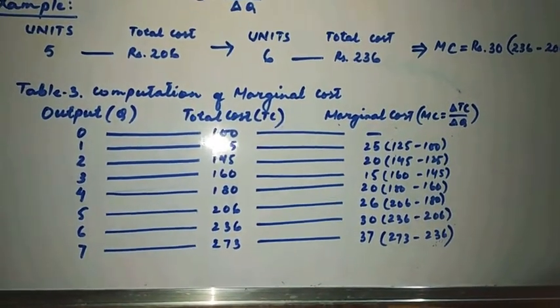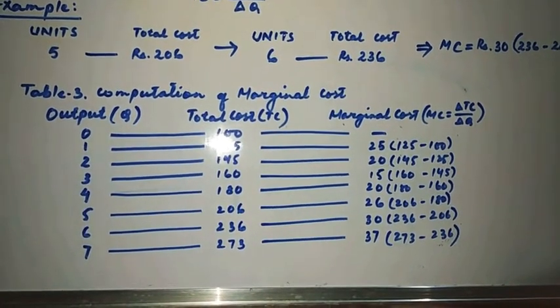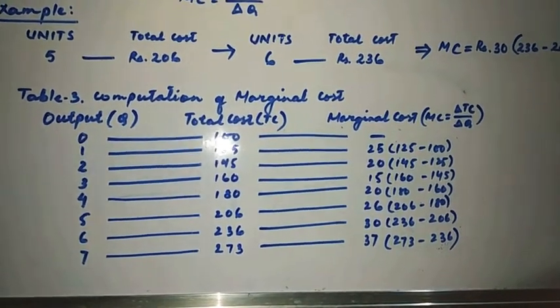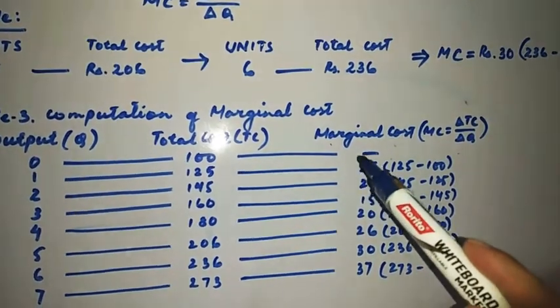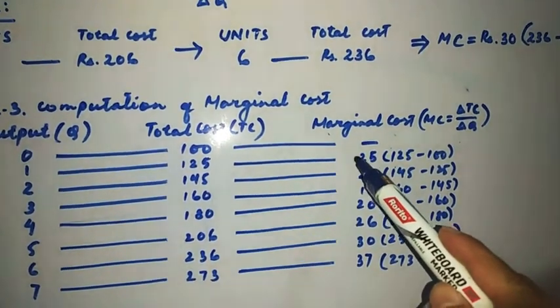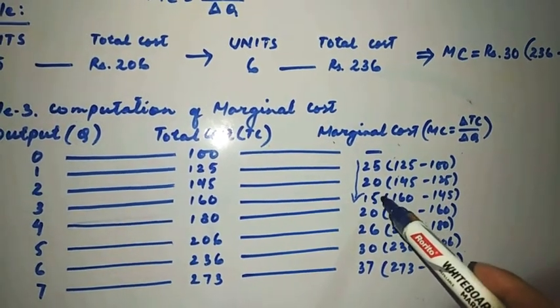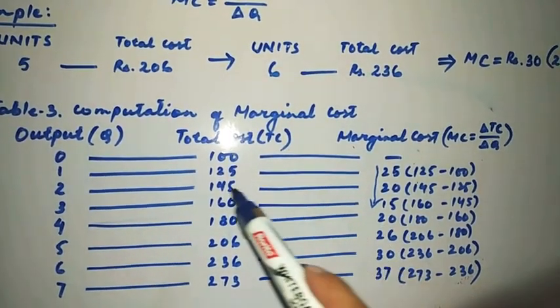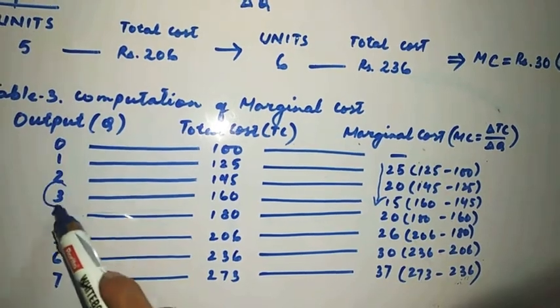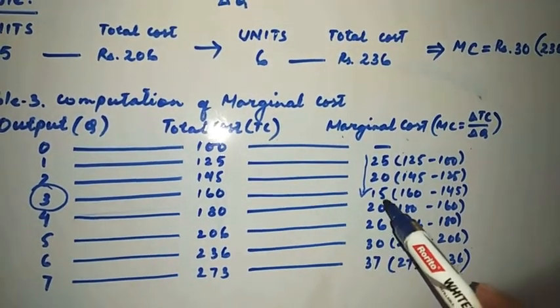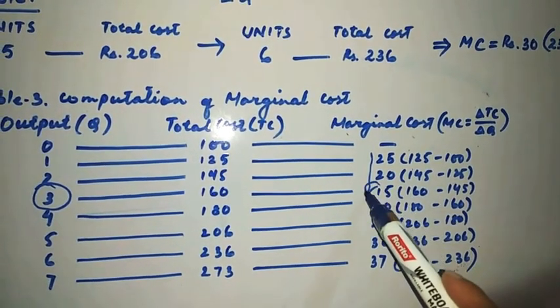So here you will see that your marginal cost is declining in the beginning. And after reaching a certain unit of output, say at 3 units of output, your marginal cost is 15.